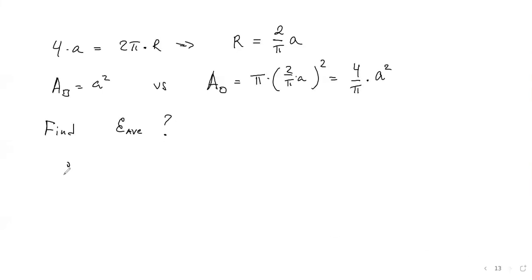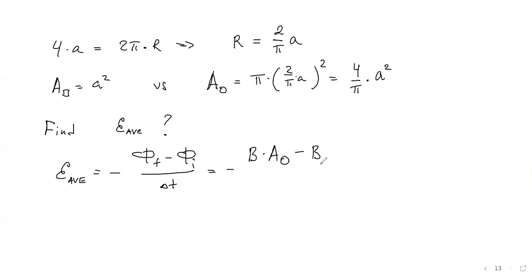So then induced EMF would be negative the flux final minus flux initial over the time. The negative sign is just the direction, so we already decided that the direction will be counterclockwise. The final flux is the magnetic field multiplied by the area of the circle. Initial flux is the magnetic field multiplied by the area of the square. And this is the time.